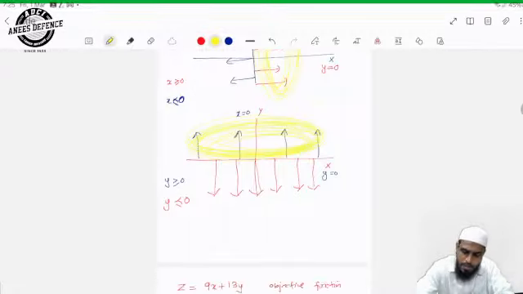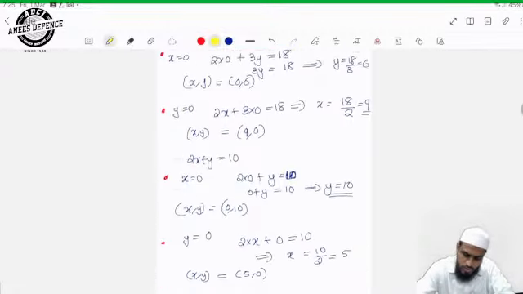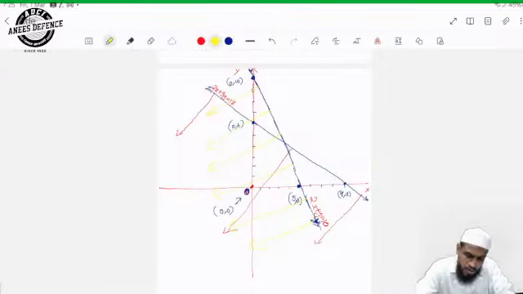So same thing we can apply here also. When y equal to 0 means x-axis. X is equal to 0 means y-axis.